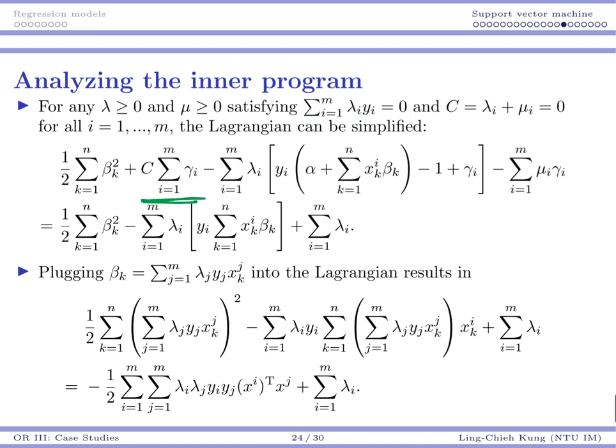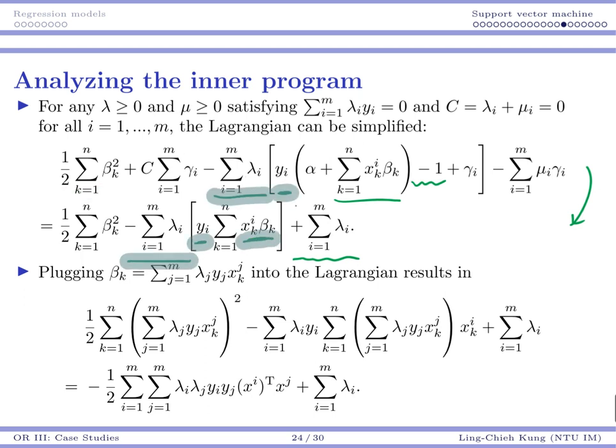Your C term, your lambda gamma term, and your mu term should go away. That's how in the end you get the simplification here. This and that are the same thing. Then this particular term corresponds to only y, and the minus 1 gets you this. That's pretty much how you do the simplification.